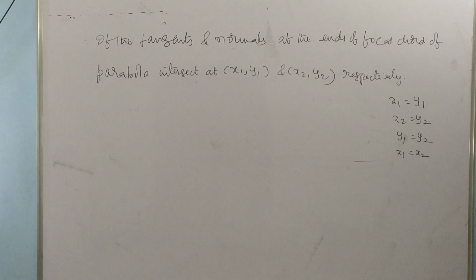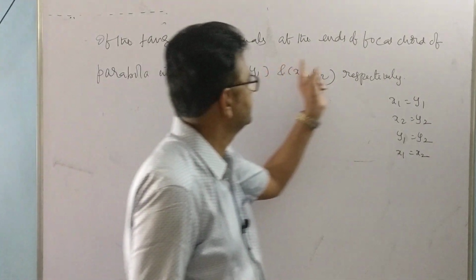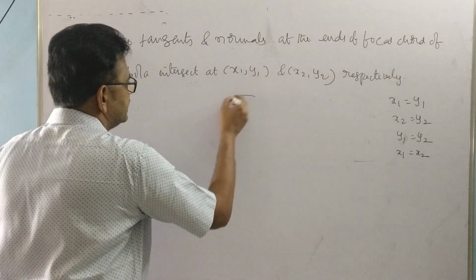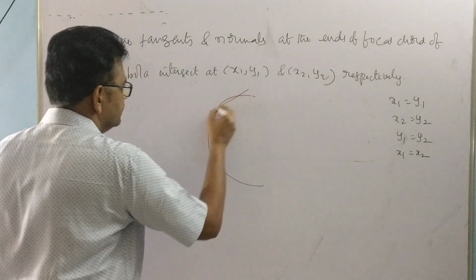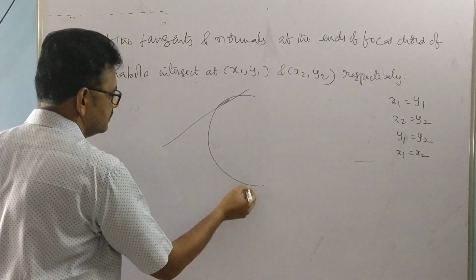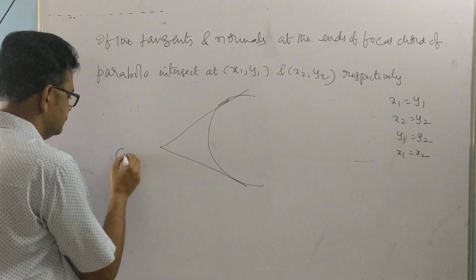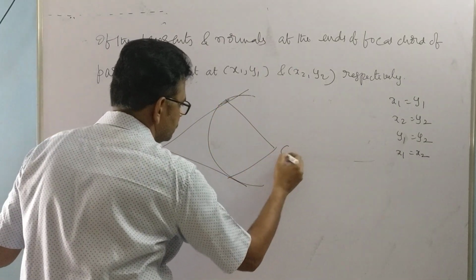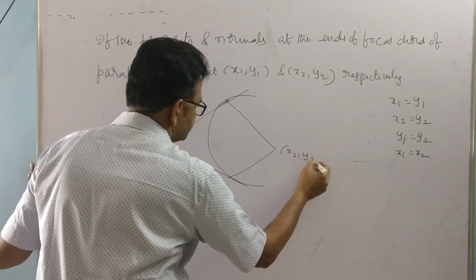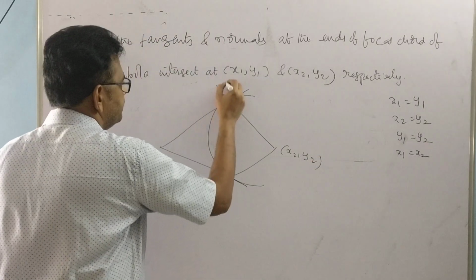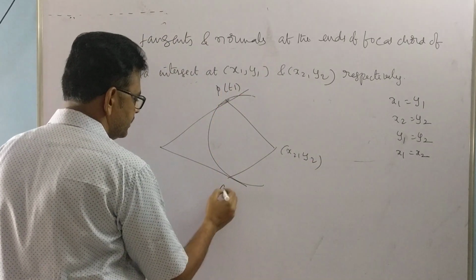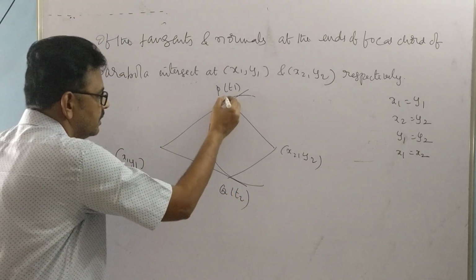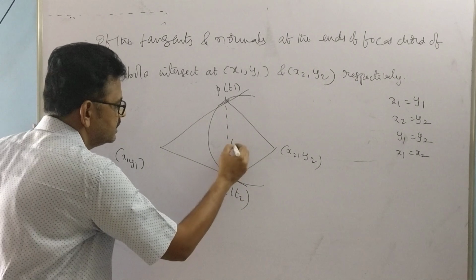Then normals and tangents at the ends of the focal chord of the parabola intersect at x1, y1 and normals at x2, y2. So this point is P, T1, Q, T2. The chord is a focal chord. The condition is what?